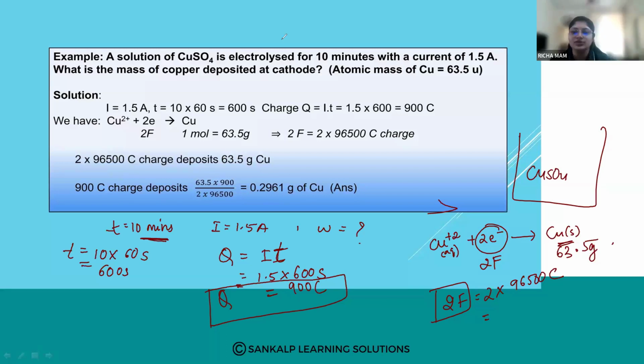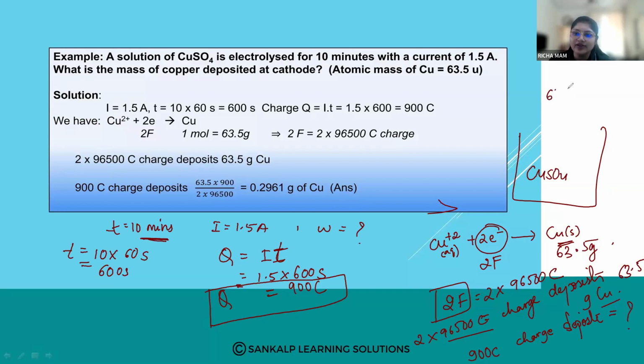Now if I write it like this, 2 into 96,500 coulomb of charge deposits 63.5 grams of copper. Then if you pass 900 coulombs of charge, how much does it deposit?